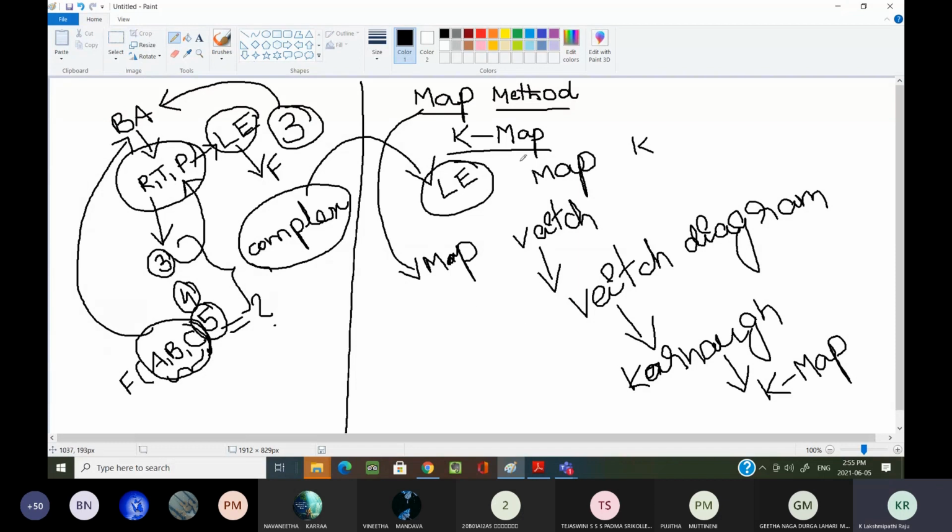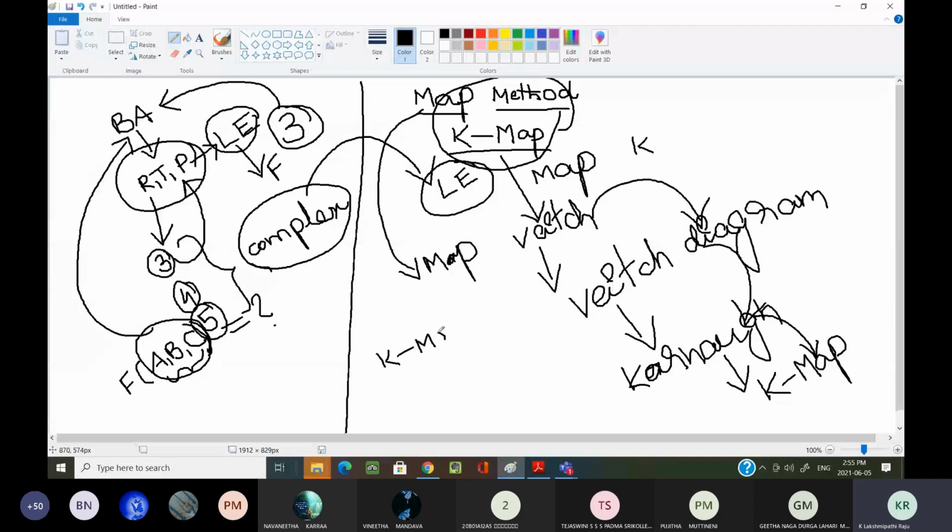The map method was initially proposed by Veitch, modified by Karnaugh, and most people today still call it K-map method simplification.